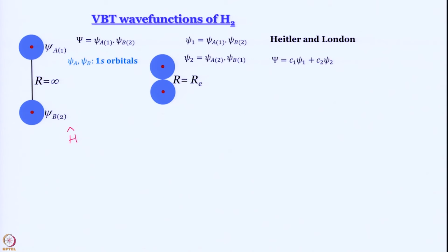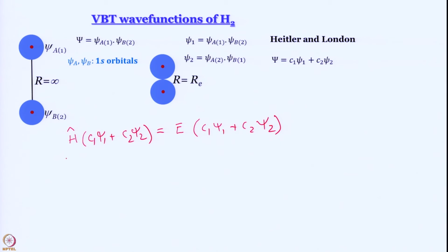H operates on C1 psi 1 plus C2 psi 2 to give me something, I will just call it E for now, times C1 psi 1 plus C2 psi 2. Well, we have done similar things earlier. So, what we do is we left multiply by psi 1 and integrate over all space.